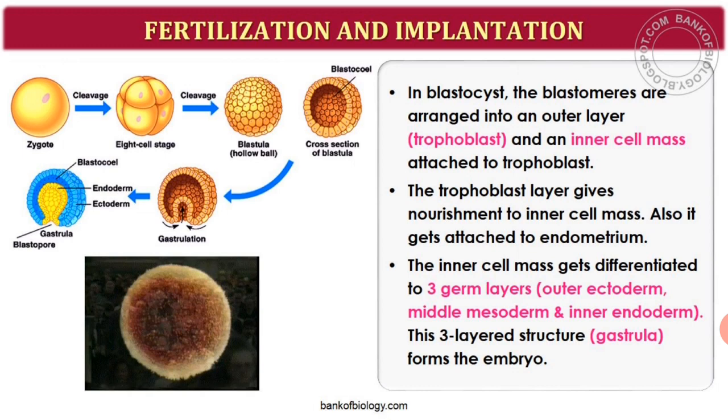As I already told you, a blastocyst has an outer layer known as the trophoblast and an inner group of cells known as the inner cell mass. Now what will happen to this blastocyst? It has to attach itself to the inner wall of the uterus.